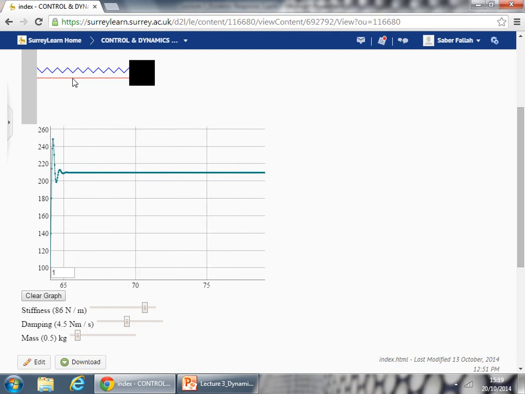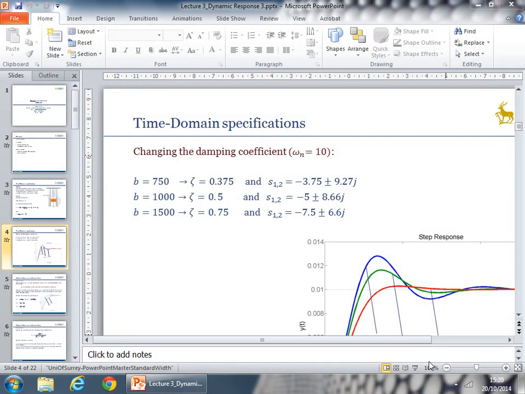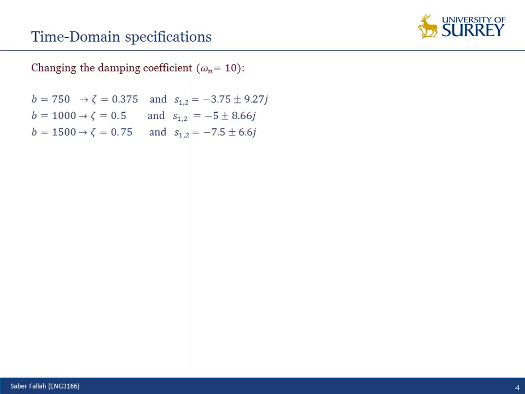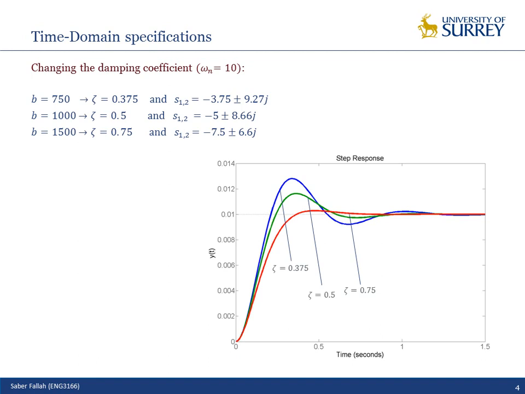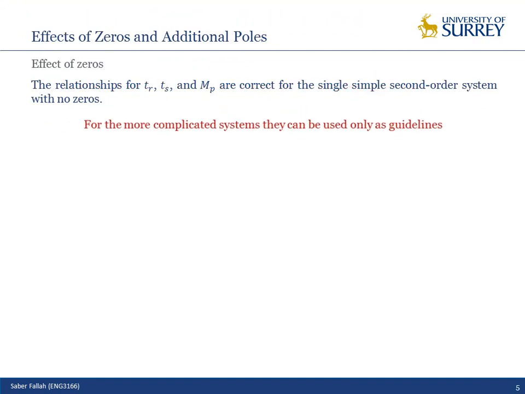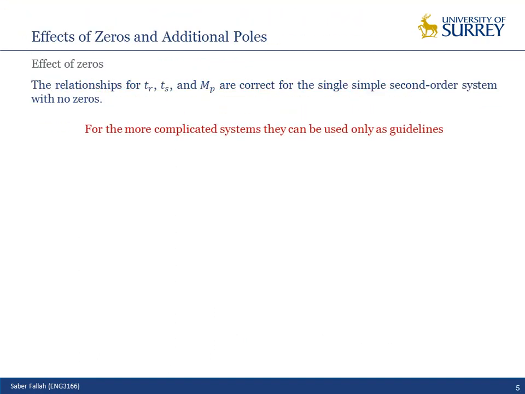So, let's get back to the equation and the relations we obtained for the rise time, for the maximum overshoot, and for settling time. They were for the standard second order system.